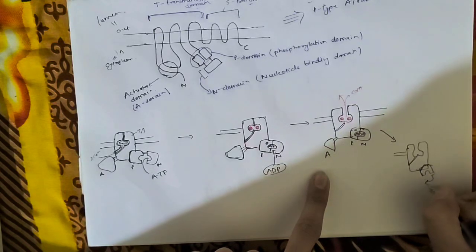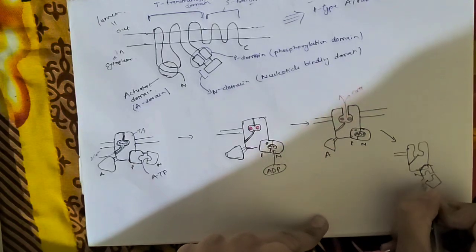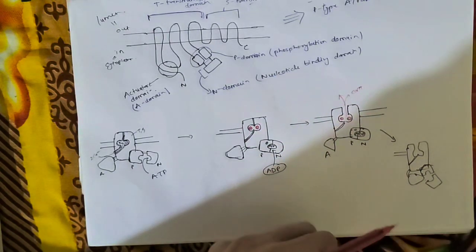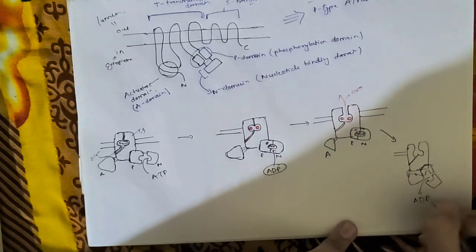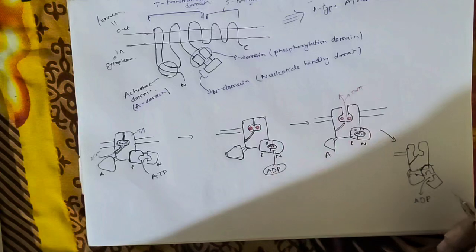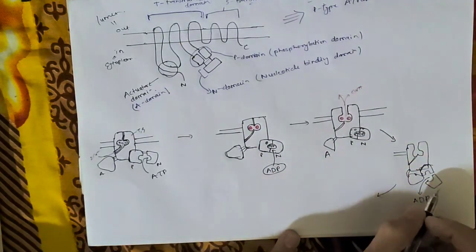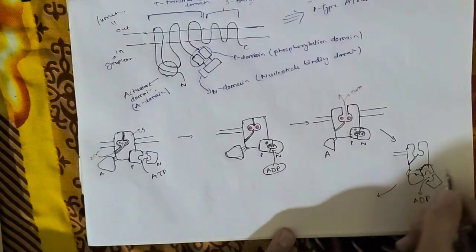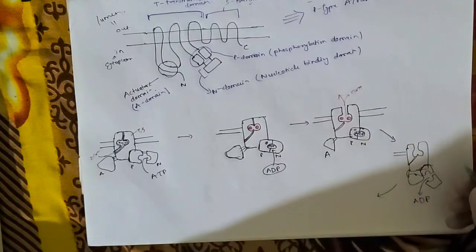This opening results in escaping of ADP. The bound ADP gets released, and this bound ADP release is an important event, as it will trigger conformational changes that will cause dephosphorylation of P domain.